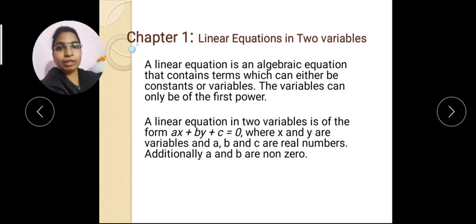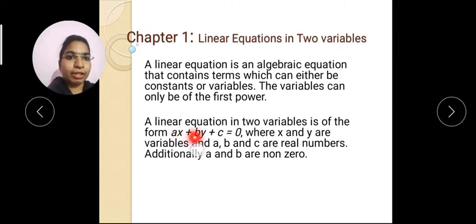It means they are non-zero values. Then only we can say that the given equation is a linear equation in two variables.